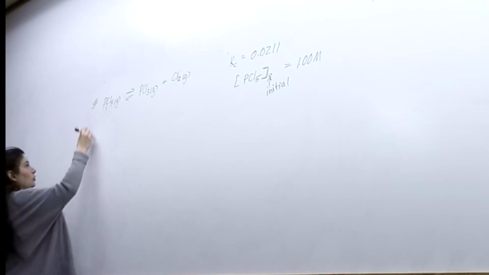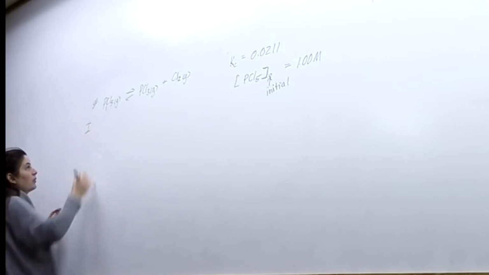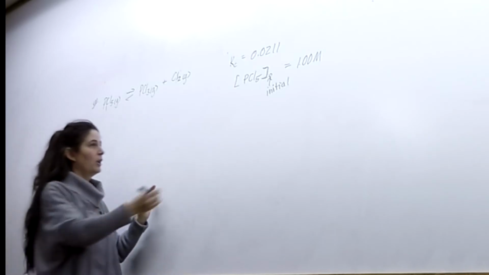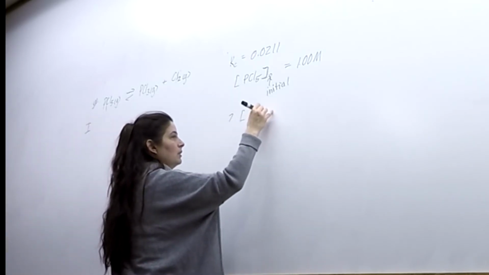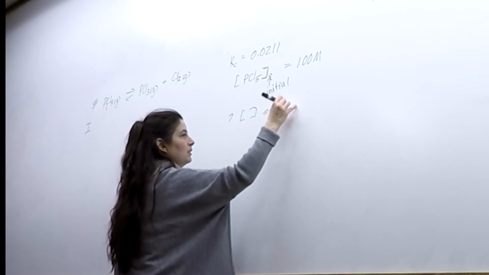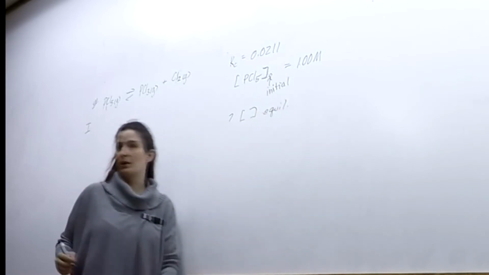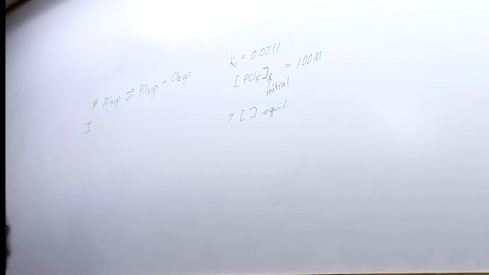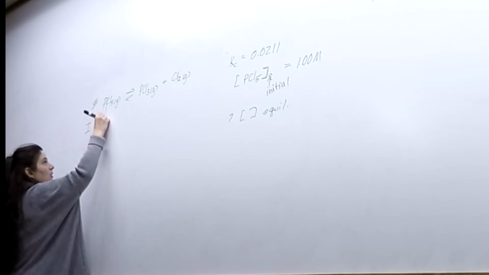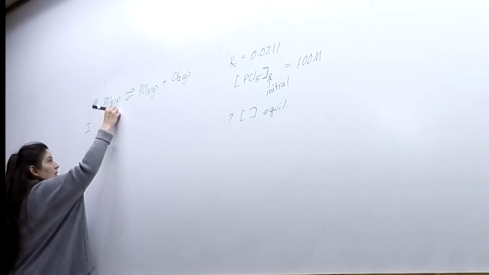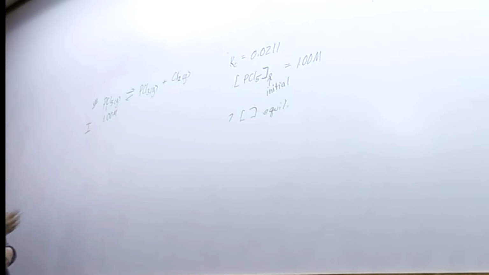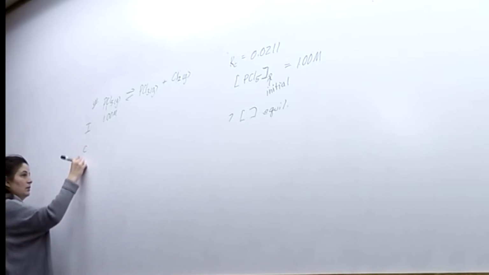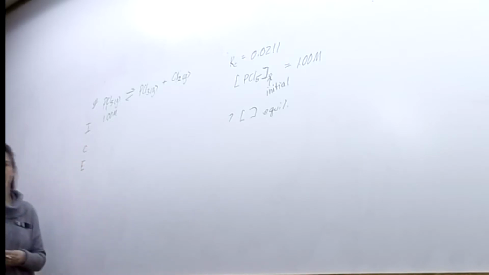All right, so for solving this, again, here's the question, what are the equilibrium concentrations of all three? So we are given the initial concentration of our reactant. And we want to fill in our ICE diagram.